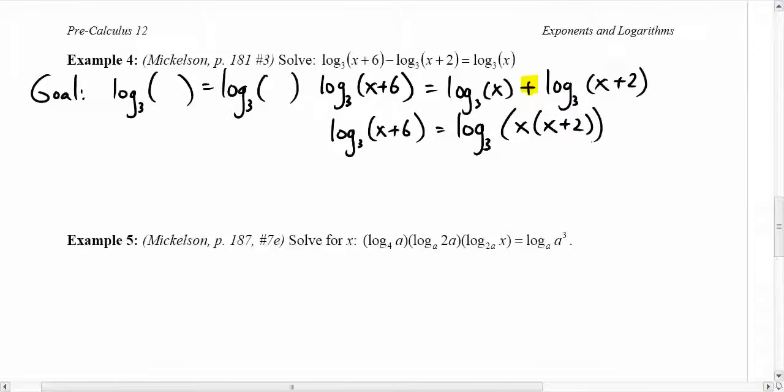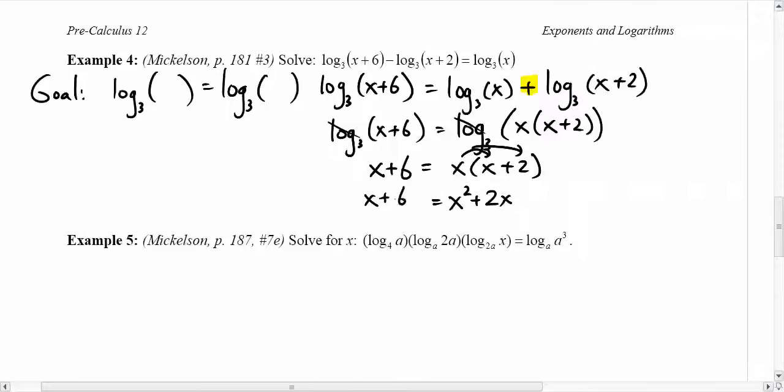And now that I have one log on each side, both of the logs have the same base, I can cancel the logs. The insides, the arguments, must be the same. And I've turned a grade 12 problem into a grade 10 problem. So expanding, x squared plus 2x equals x plus 6. And I'll make everything equal to 0. So subtract x from both sides, subtract 6.